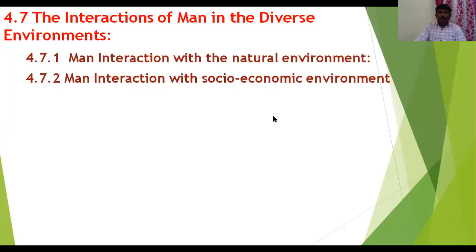The next is man's interaction with the socio-economic environment. The socio-economic environment, as earlier described, is the environment in which most of human activities relating to virtually all fields of human endeavor that are come across in the social and management sciences take place.